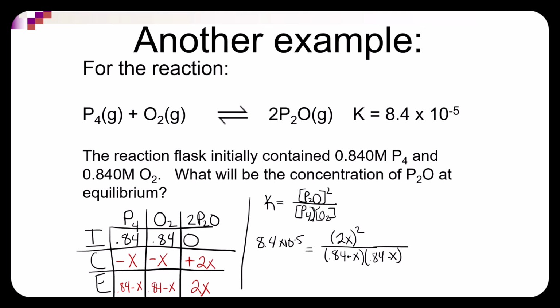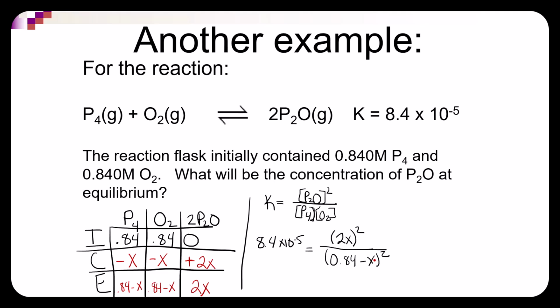So again, if we have 0.84 minus X times 0.84 minus X, there is a way to clean this up. We could rewrite that as 0.84 minus X squared. And now we've got our perfect square scenario. To fit that bill, it's got to be a squared value on the top, a squared value on the bottom, and nothing else with those squared values.